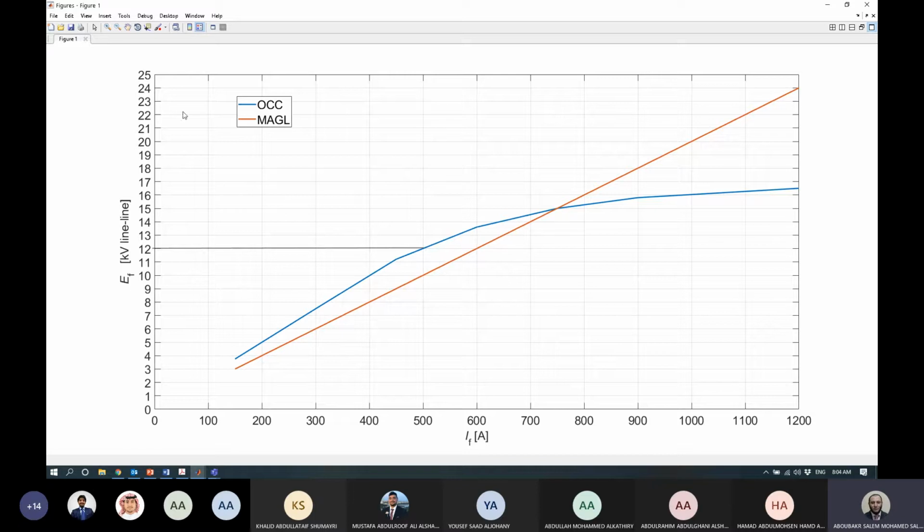How can we draw the air gap line? We said before, the air gap line is the tangent to the open circuit characteristic, so you can draw it like that.